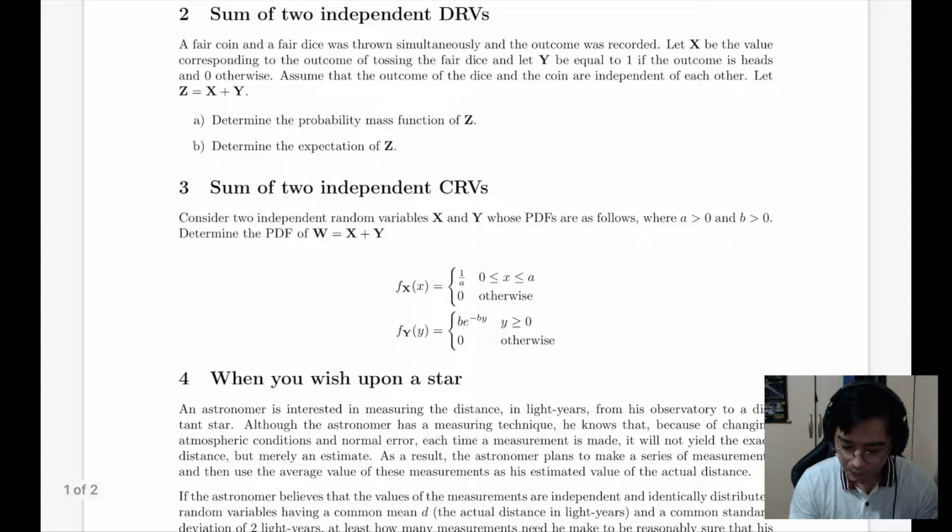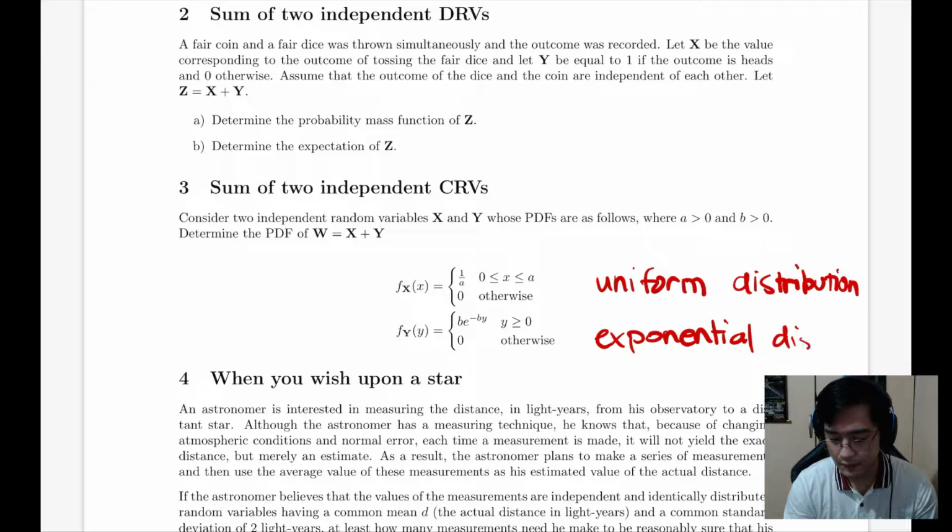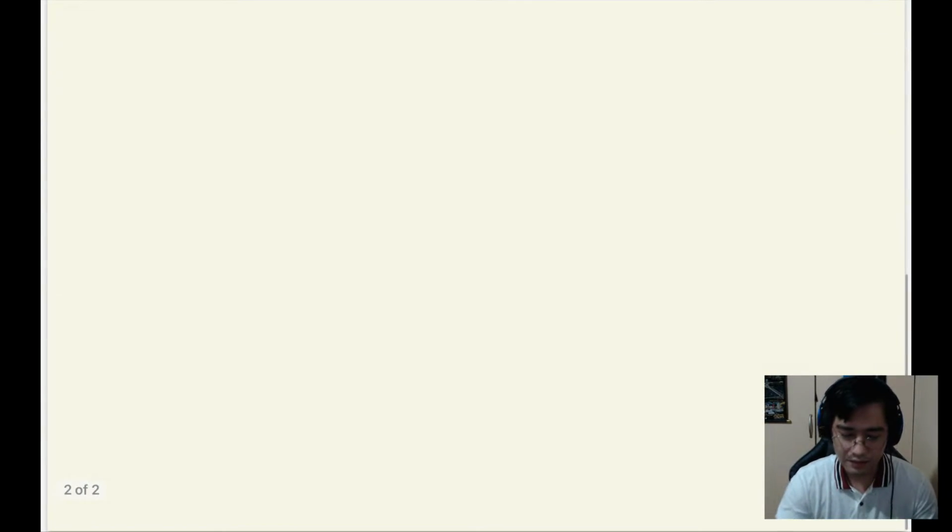This random variable x has a uniform distribution, and the second one is an exponential distribution. So that we can imagine what these two signals are like, let me just draw it.